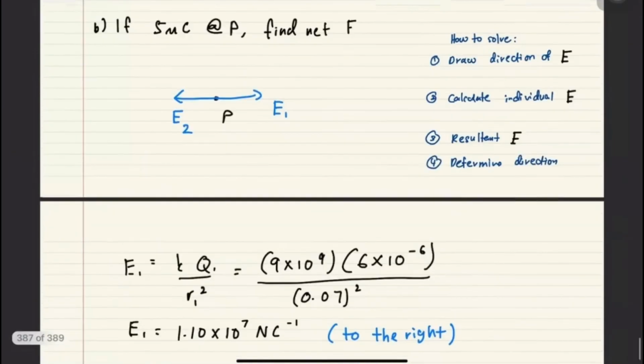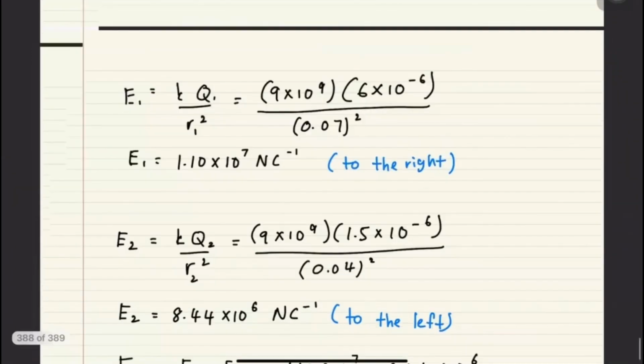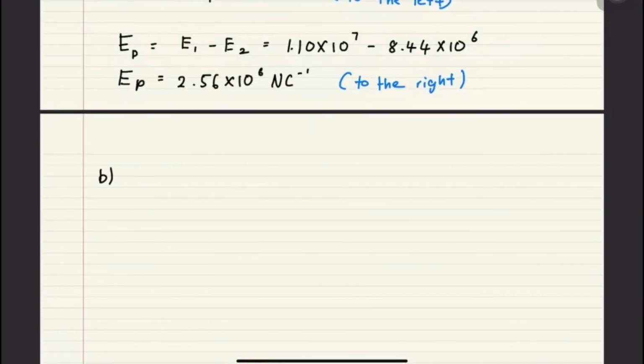Okay, so this is your point P. Dekat point P tadi, E net dia to the right. Okay, if I were to put 5 microcoulomb, it's a positive sebab apa dia positif?